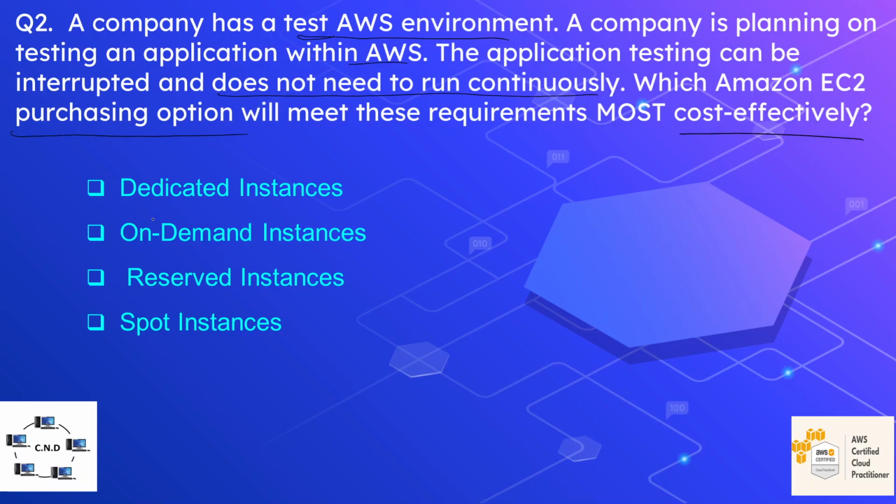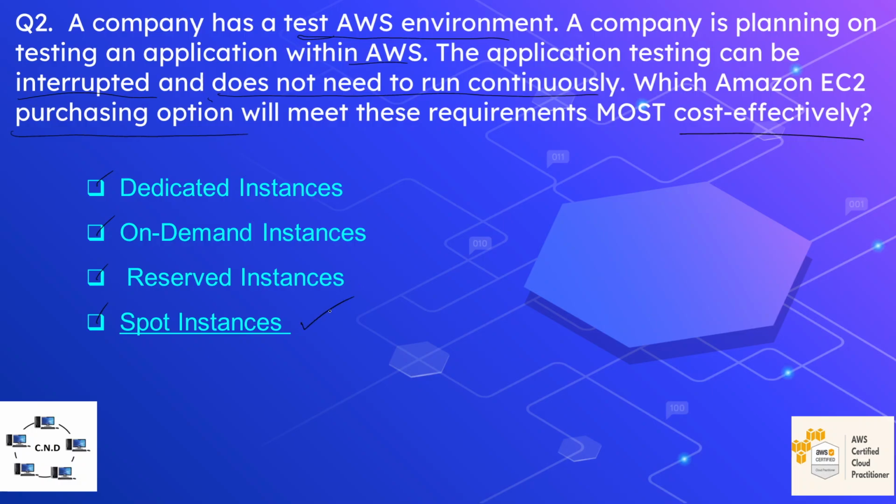The options are option A, dedicated instances, option B, on-demand instances, option C, reserved instances, and option D, spot instances. Here the keywords are that the customer wants to test an application, does not need to run the application continuously, and can tolerate or accept interruption. So what is the most cost effective option? And the answer is spot instances.